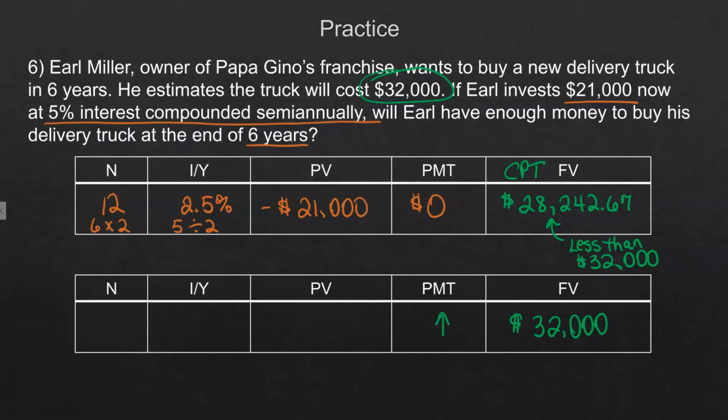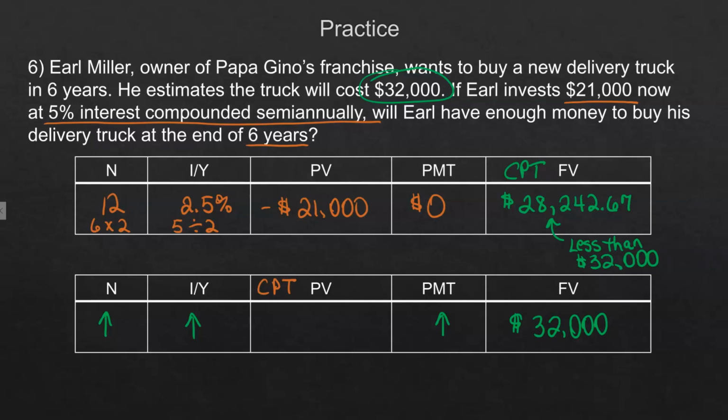Our payment stays the same, our interest rate and the number of periods all stay the same, and then we compute present value and see how much money would need to be deposited to end up with the $32,000.